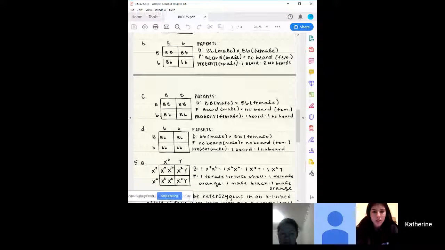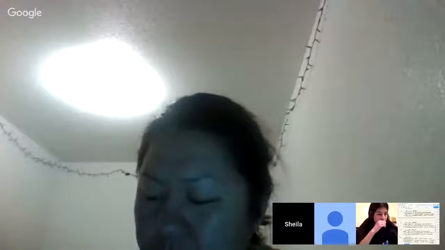So that means only one of the parents' alleles could have a lowercase b, because each parent has 2 alleles in the Punnett square. So that's kind of how I ruled it out.